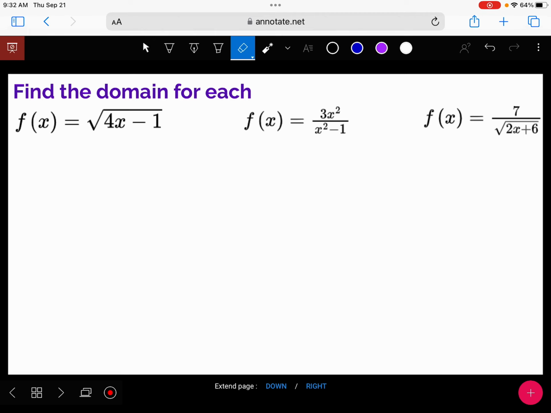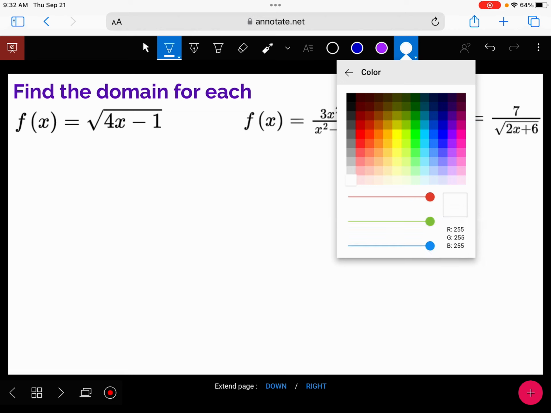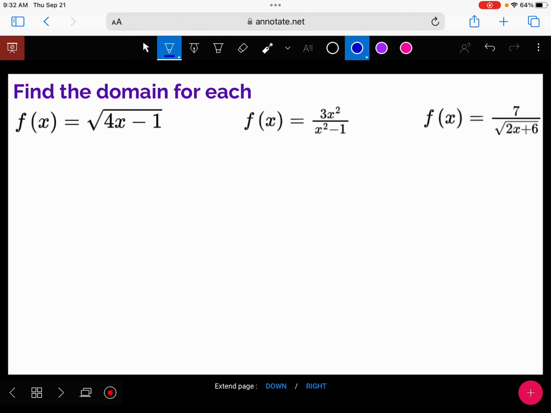All right. These look a little scary, but I promise they're not super gross. Because what we're doing is finding the domain. What x values work? So on this first one, if we're keeping in the world of real numbers, like we're not going imaginary here, what's the rule for a square root?